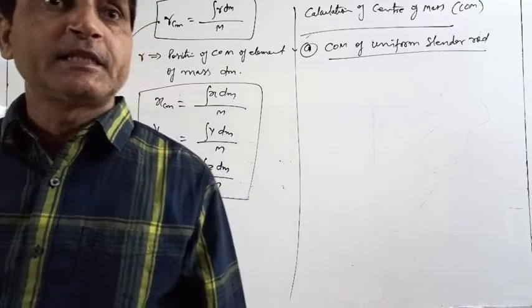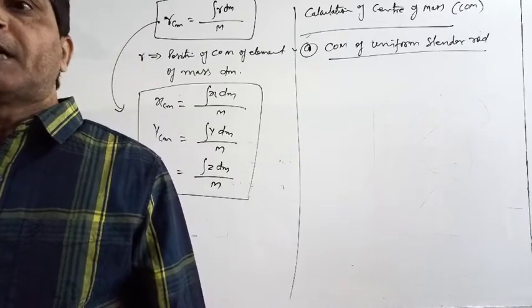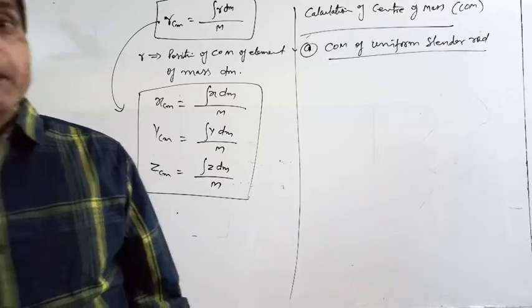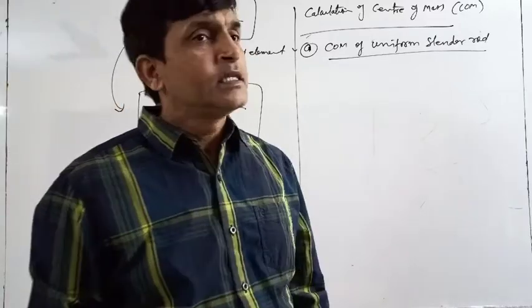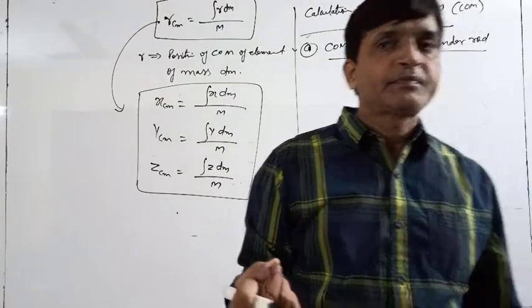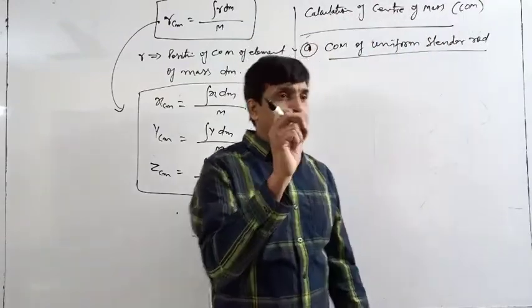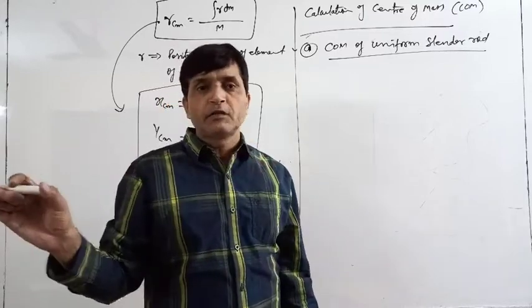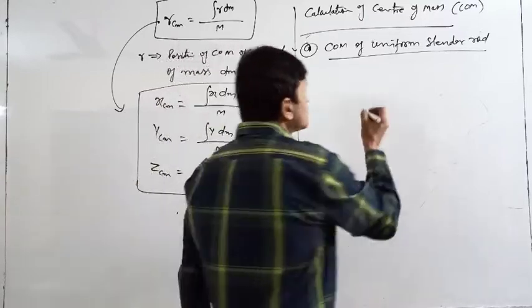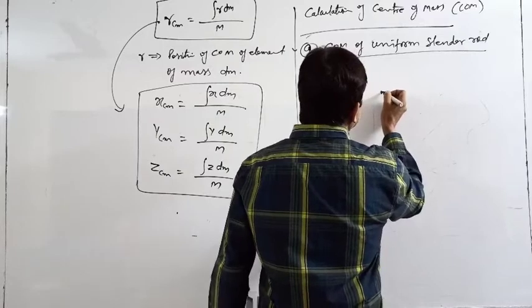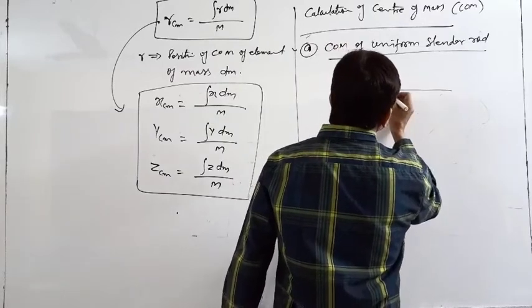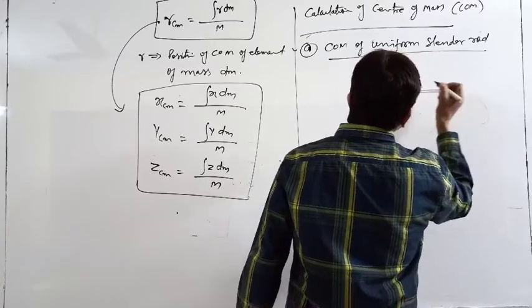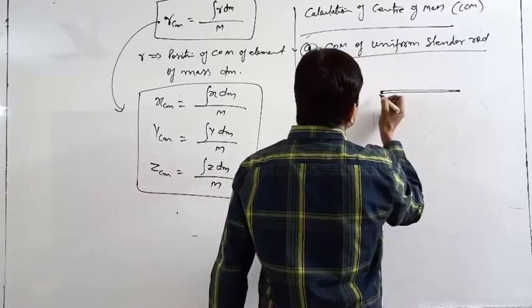Rod means diameter is very small, negligible. And if we are considering diameter, then it is called a cylinder. So this is your rod. It means we are not considering its diameter.